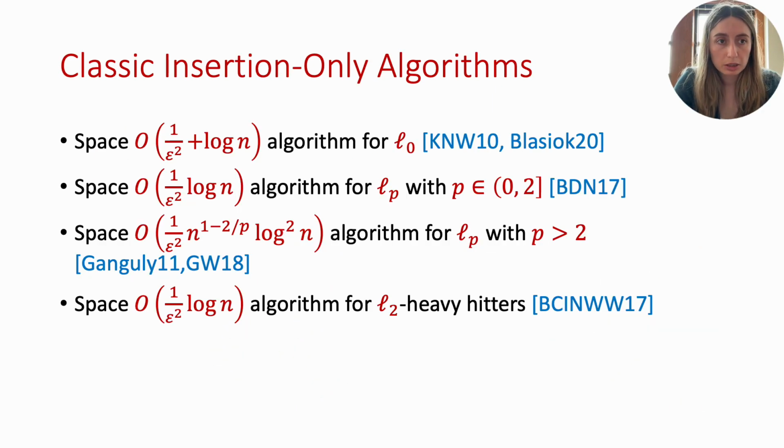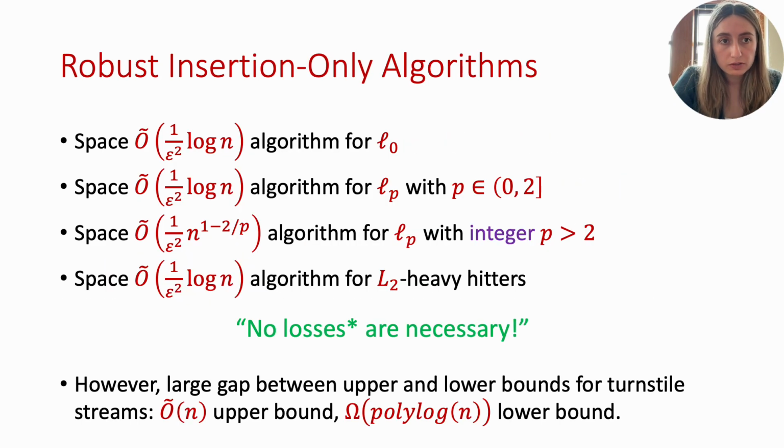In the standard streaming model for insertion-only algorithms, we have had a long sequence of works that has now tight upper and lower bounds for LP estimation. And in fact, over the last few years, after the adversarially robust streaming model was defined, there have been several works that already showed that, roughly speaking, no losses are necessary in the space complexity if we require the insertion-only streaming algorithm to also be robust.